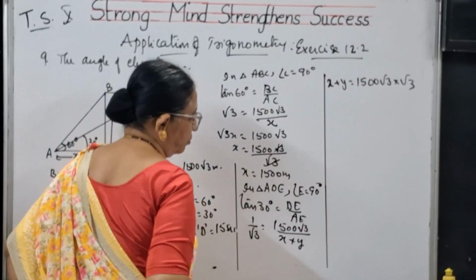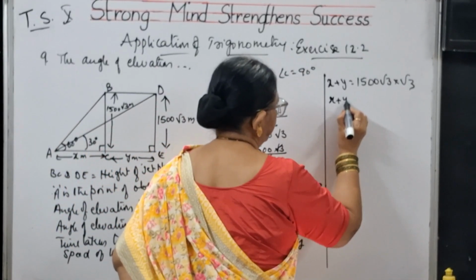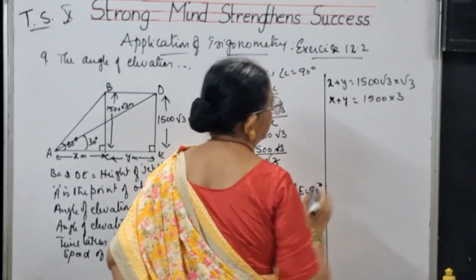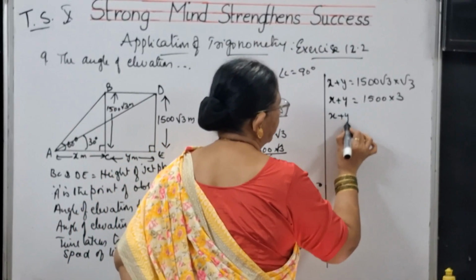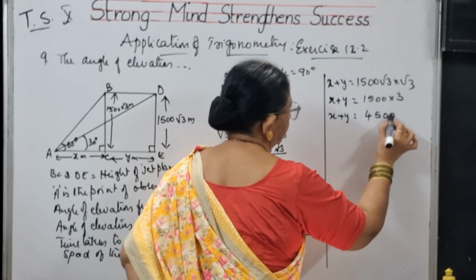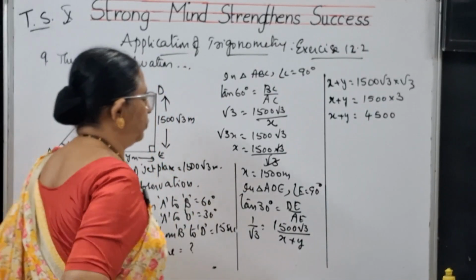This root 3, when it goes, you have to multiply. That means x plus y is equal to 1500 into 3, that means 15 threes are 4500.